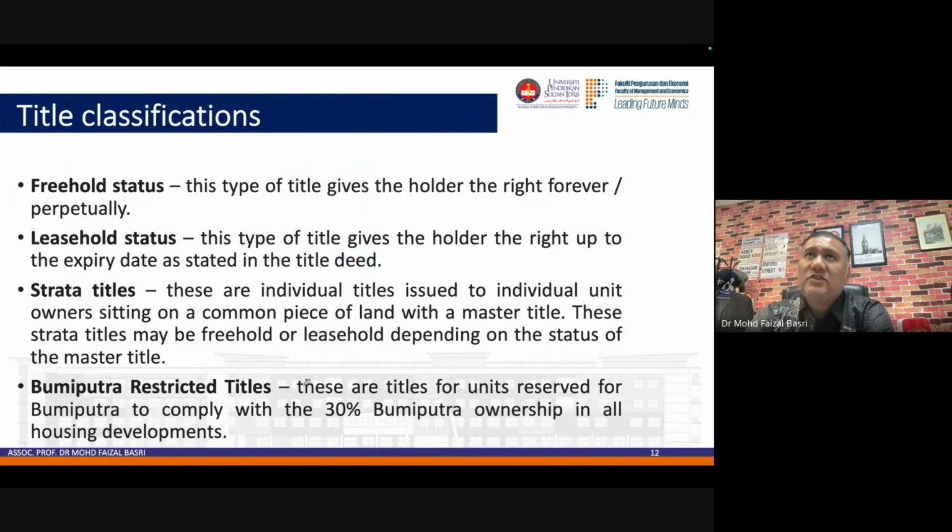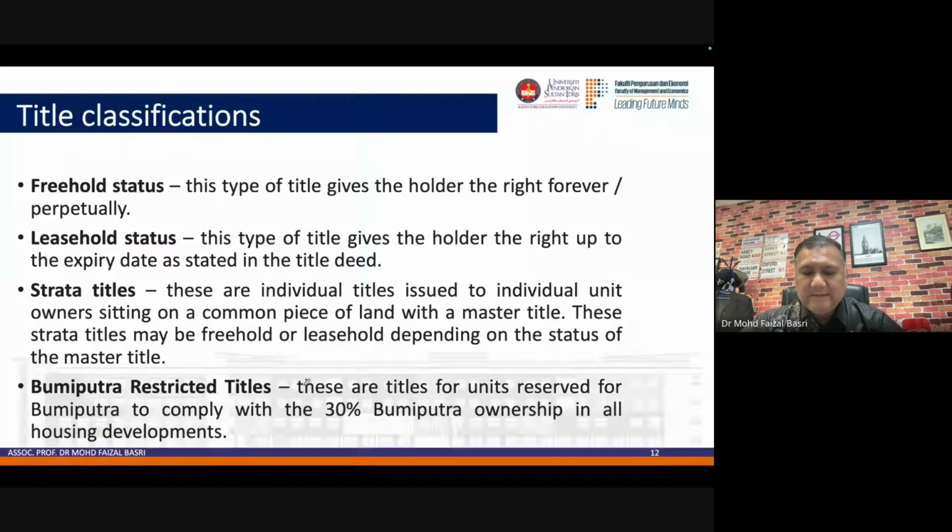Okay, let's talk about title classifications. When you buy a property, okay, you kena bayangkan property ni consists of a building, satu bentuk bangunan ataupun structure, and di atas ataupun di bawah structure tu is a piece of land. Okay, so title ni adalah title on that particular land.